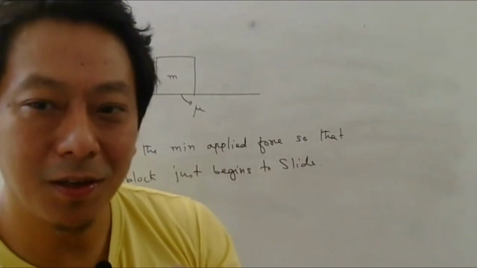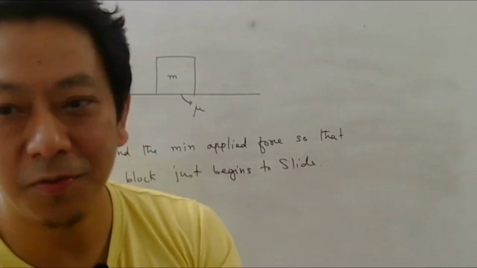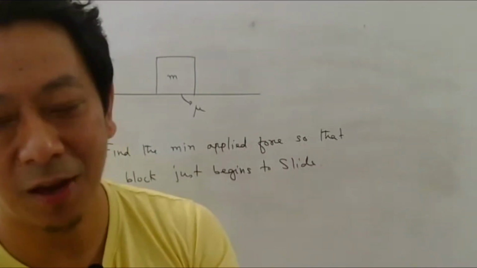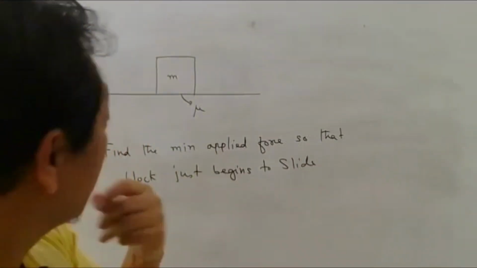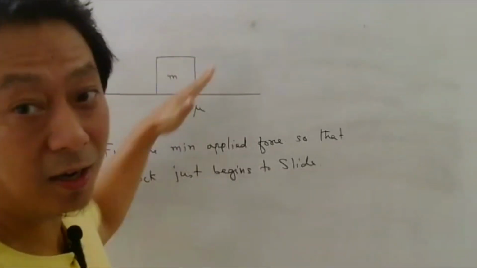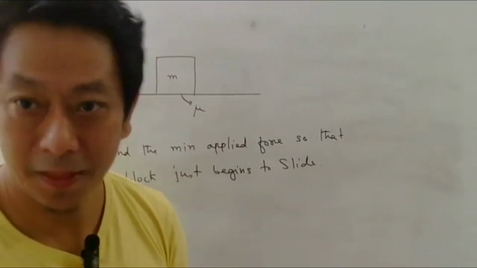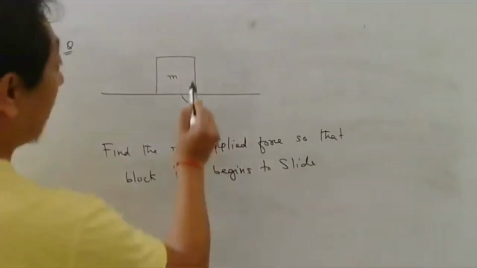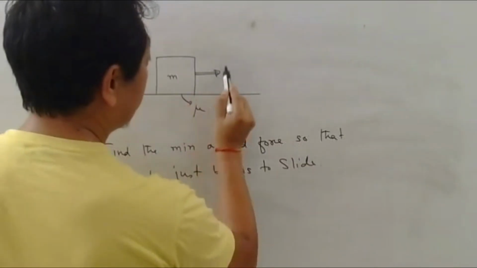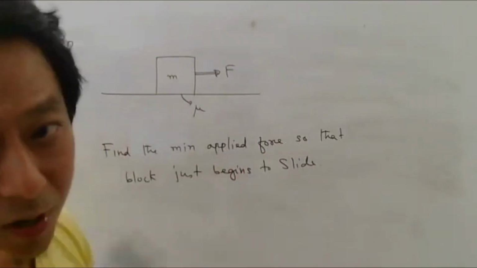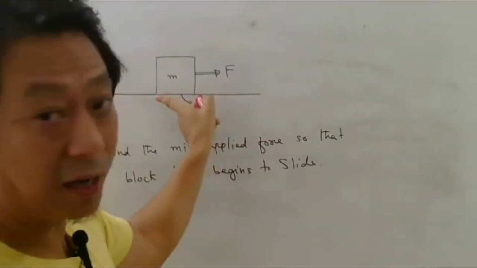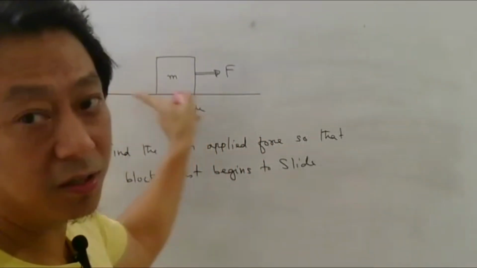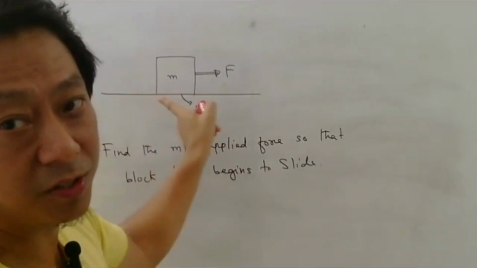So people think the value of minimum applied force is mu s N, and mu s N means mu s mg. However, they didn't mention the angle at which the force is applied, right? If you apply force this way, then you are right. Minimum you need to apply a force which is slightly greater than this maximum static friction.